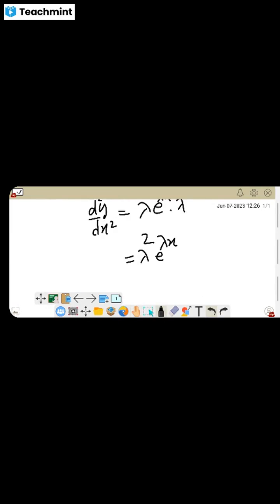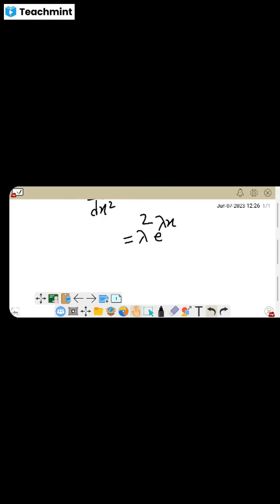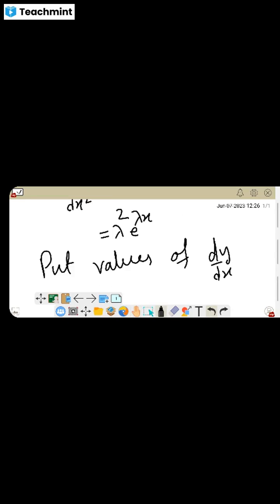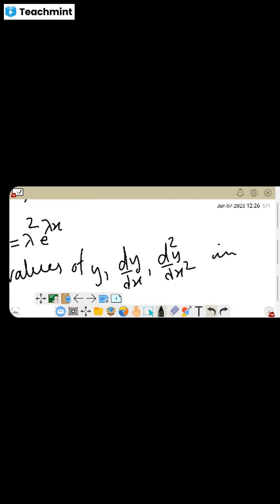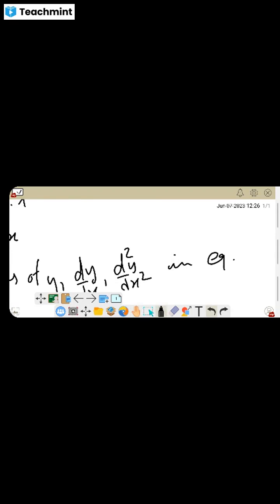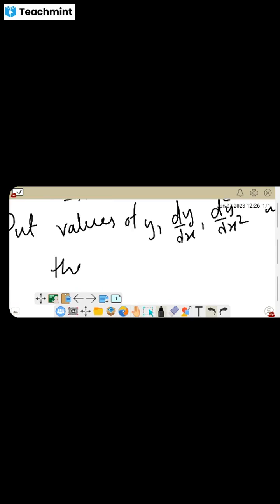The required solution is: put the values of y, dy over dx, and d square y over dx square in the equation. And then solve for lambda.